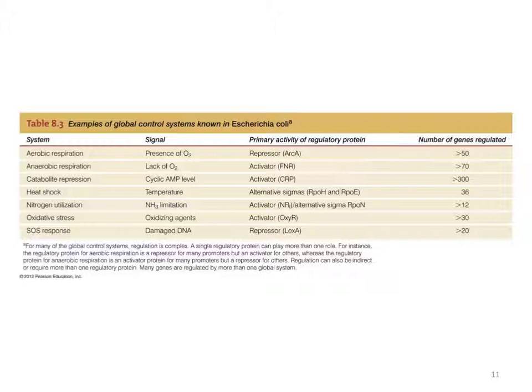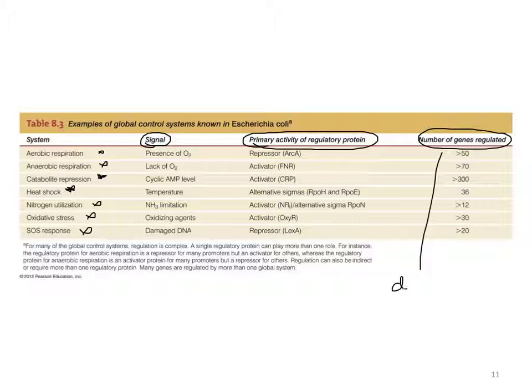So we just talked about heat shock, okay, and we also talked about catabolite repression, but the processes of aerobic respiration, anaerobic respiration, nitrogen utilization, response to oxidative stress, and something called the SOS response are other systems wherein there is an environmental signal that triggers the activity of a particular regulatory protein that then controls the regulation of a variety of diverse genes.